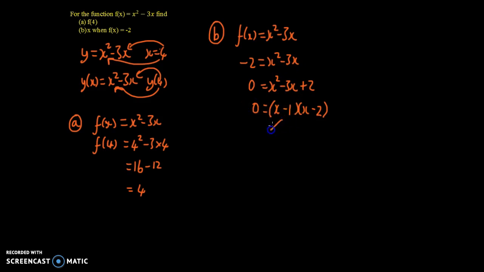So at this stage, each bracket equals 0. So in this case, what subtract 1 equals 0? Well, x equals 1. And from this one, what subtract 2 equals 0? Well, it's 2. So your solutions are x equals 1 and x equals 2.